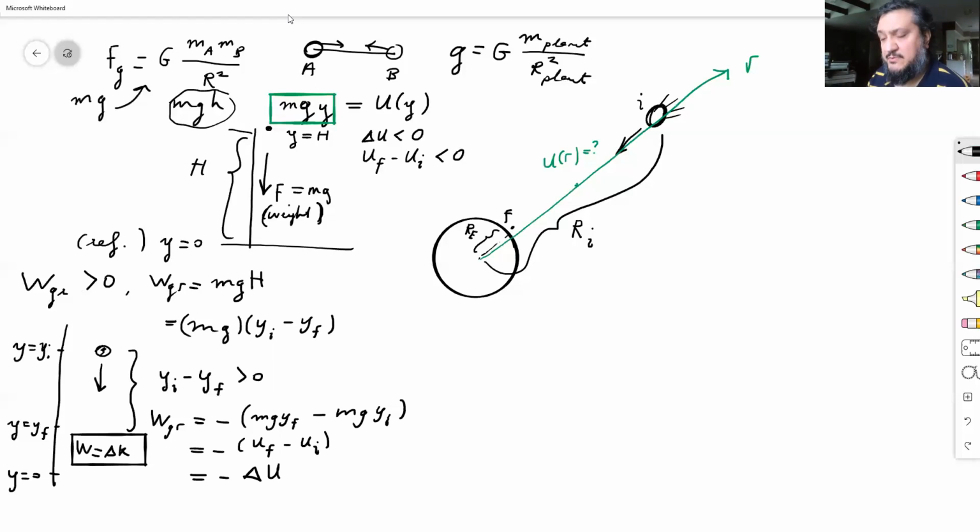So delta K would be equal to negative delta U. And if you put that term on the left-hand side, you would end up with delta of kinetic energy plus, not delta here, just write U, K plus U, which we call the mechanical energy, E mechanical, that is 0. It's an energy conservation law. The initial and final values of the mechanical energy, which is kinetic plus potential, would be the same. Anyways, the bottom line is the work done is negative delta U.